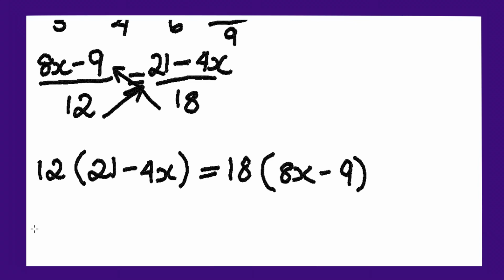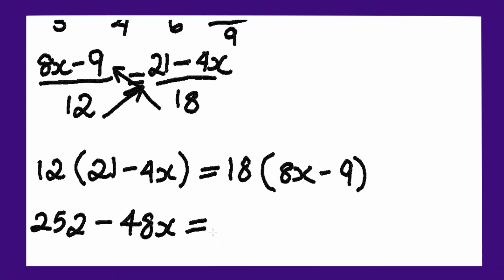Go ahead. So we have 12 by 21. And that's 252. Minus 12 multiplied by 4x gives us minus 48x, is equal to 18 multiplied by 8x.